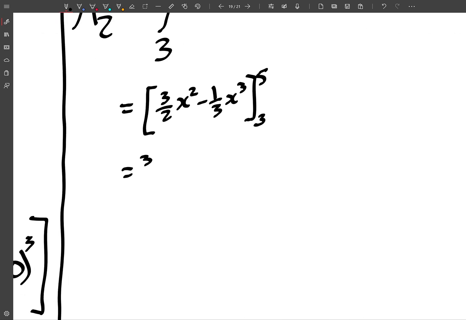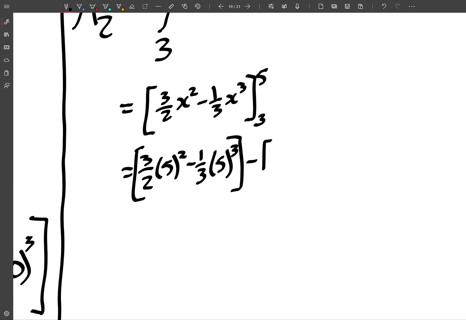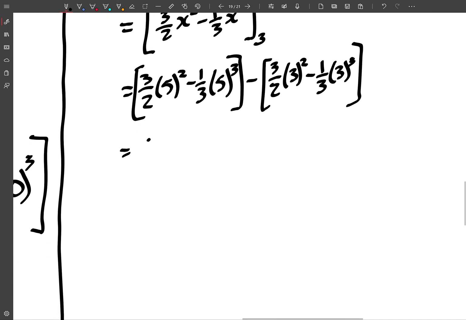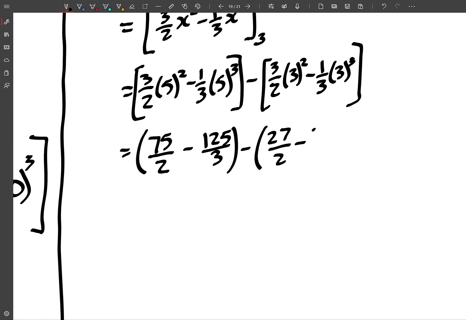So it's going to be exactly the same as the previous integral, just different substitution. 3/2 times 5 squared minus 1/3 times 5 cubed, minus 3/2 times 3 squared minus 1/3 times 3 cubed. 72, oh, that's not 72, it's 75. 5 squared is 25 times 3 is 75 over 2 minus 125, that's 5 cubed over 3, minus 27 over 2 minus 27 over 3.